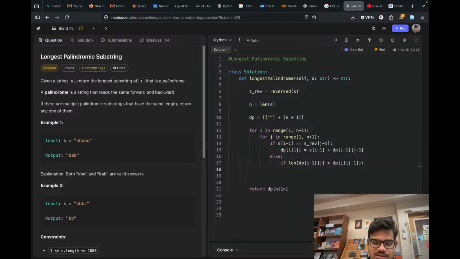This is the case. Our dp of i, j will be equal to s rev j plus dp i minus 1 j minus 1, right?